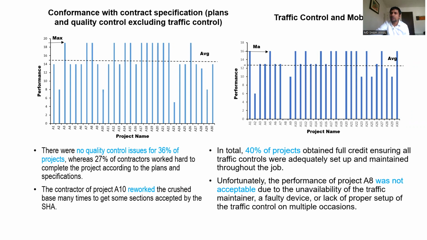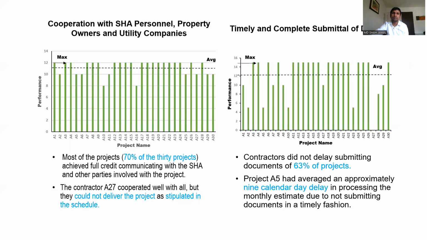In total, 40% of projects obtained full credit, ensuring all traffic controls were adequately set up and maintained throughout the job. Unfortunately, the performance of project 8 was not acceptable due to the unavailability of the traffic maintainer, a faulty device, or lack of proper setup of the traffic control on multiple occasions.